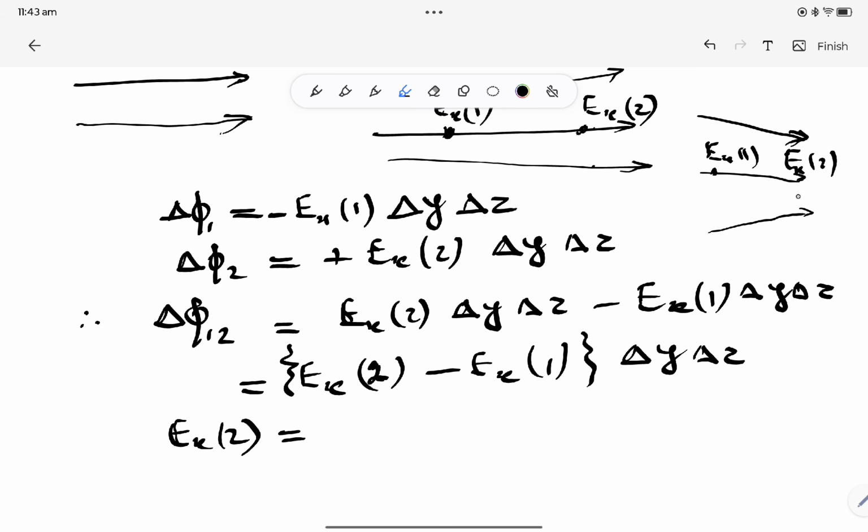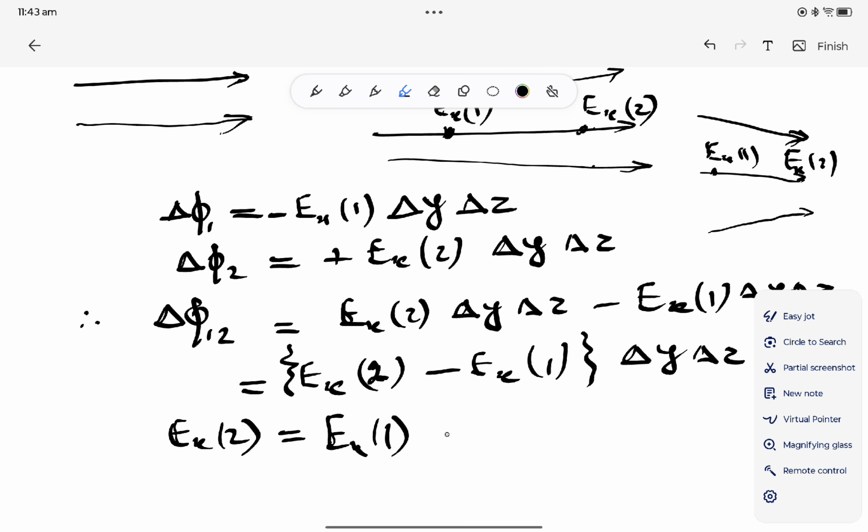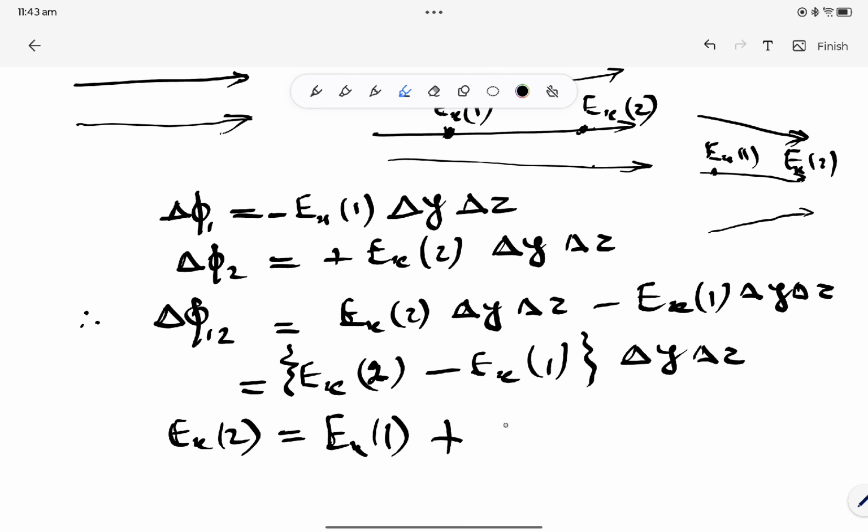So what will be the value here? This is the final value, this is the initial value. So the final value is equal to the initial value plus the change in value of Ex. But how much is the change in value of Ex? That depends upon how fast it changes from this point to this point, that is, its rate of change.